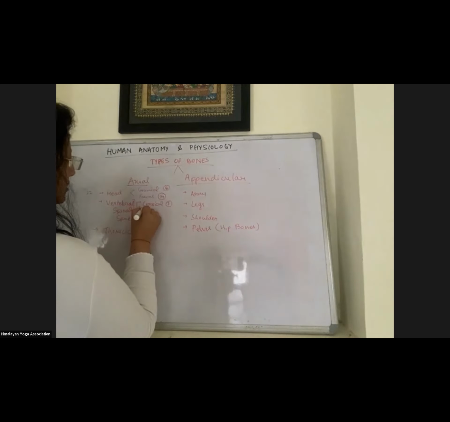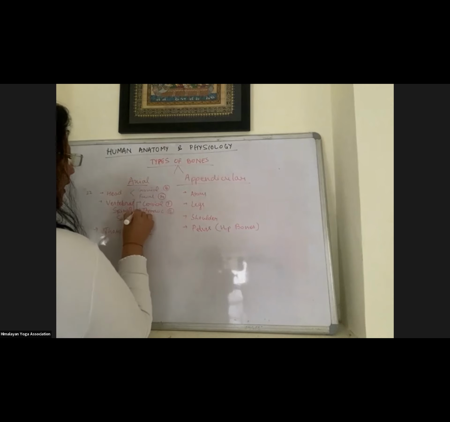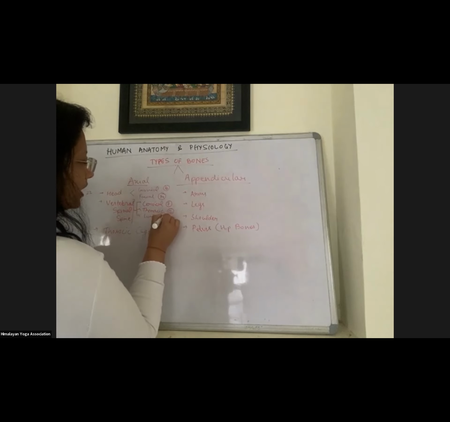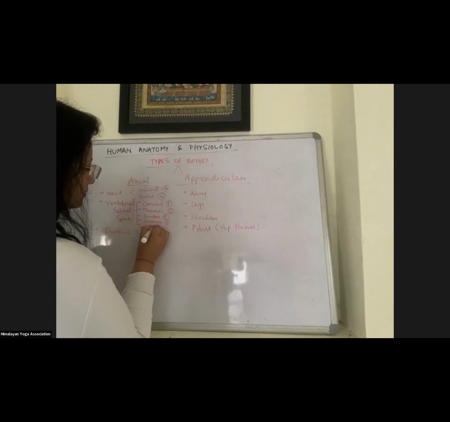Then it has thoracic, 12. Then it has lumbar, 5. Then it has sacrum, 1, and coccyx, 1.